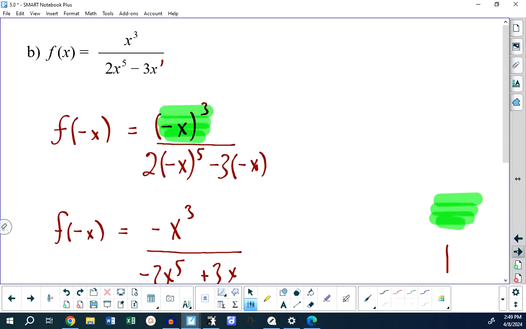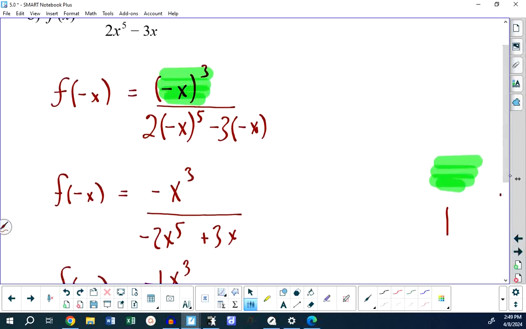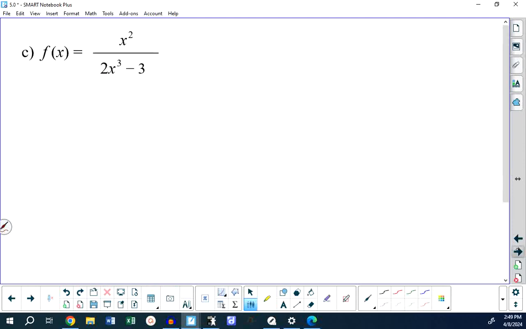If this were x to the 8 on the top, I hope you see with a bit of thought that the function would be odd, because the bottom would switch to the negative of what it was, but the top would still be positive. Positive over negative is negative. You'd be left with that extra factor of negative. So there are kind of shortcuts here.